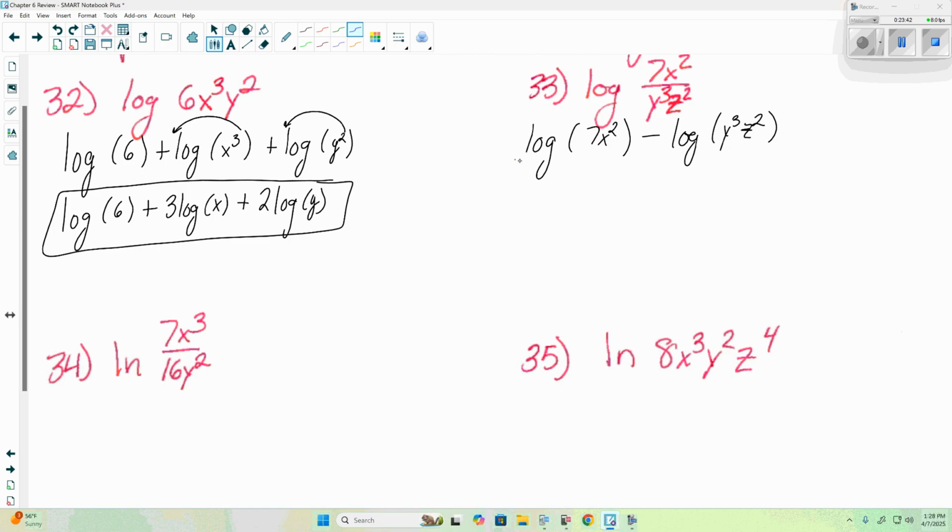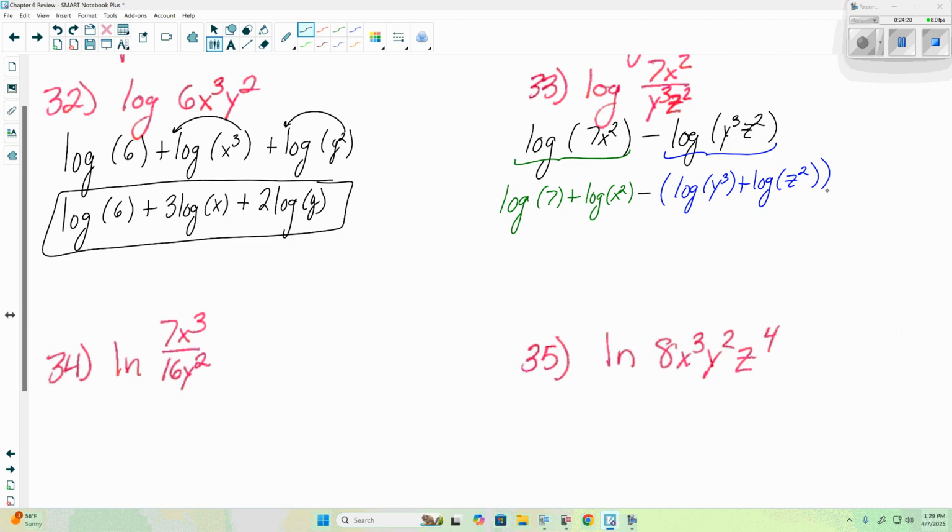Product, we have 2. We do have first the log of 7x squared, which just like the last one is going to be log of 7 plus log of x squared. Minus log of y cubed z squared would be log of y cubed plus log of z squared.